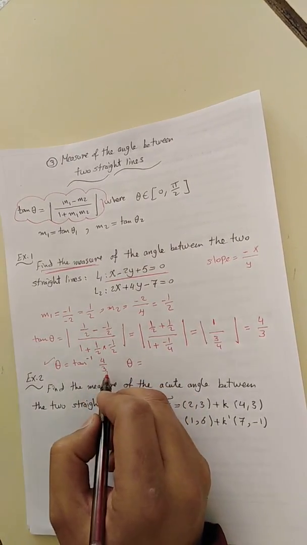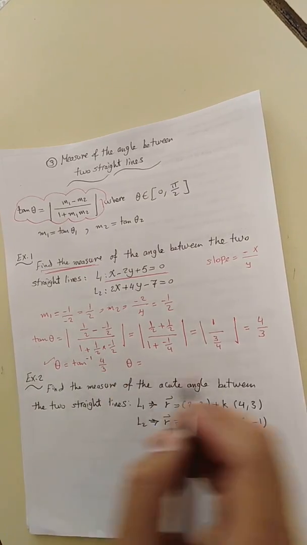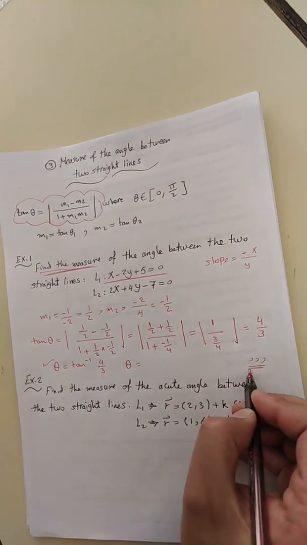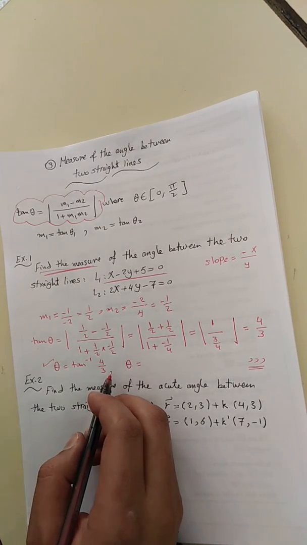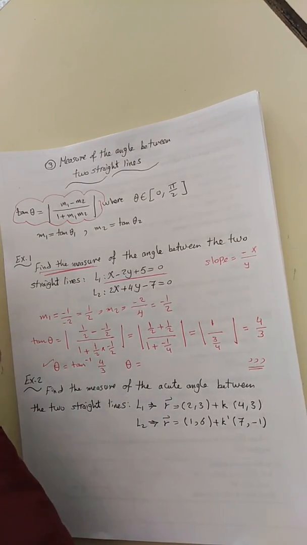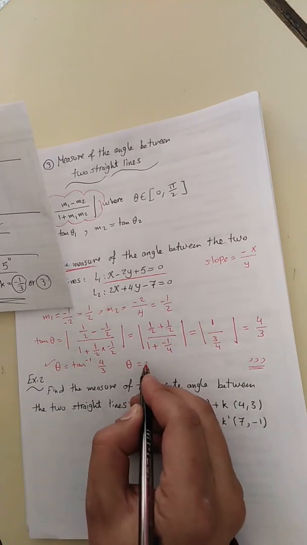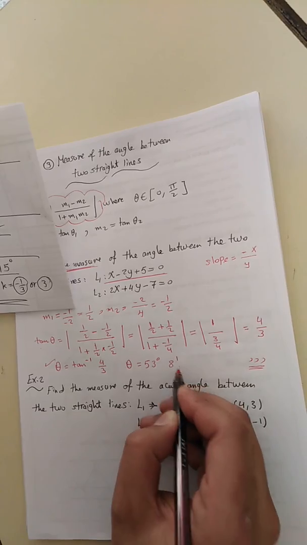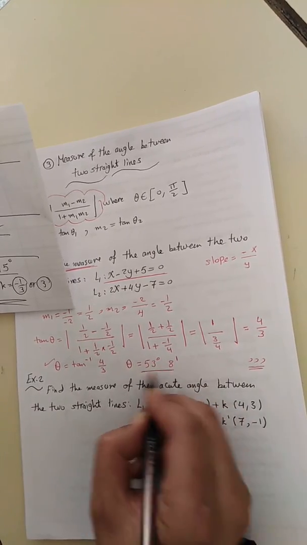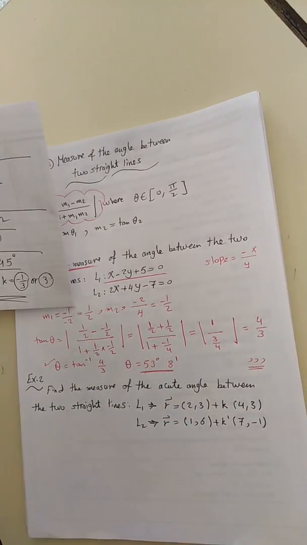After getting this result, press comma to get it in degrees, minutes, and seconds. At the last step, the angle will be 53 degrees and 8 minutes. This is the first question.